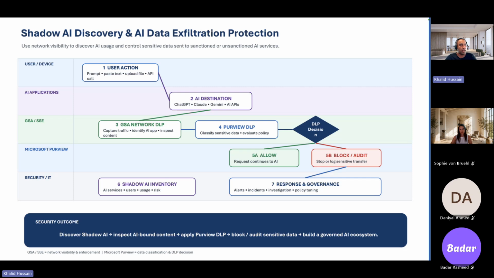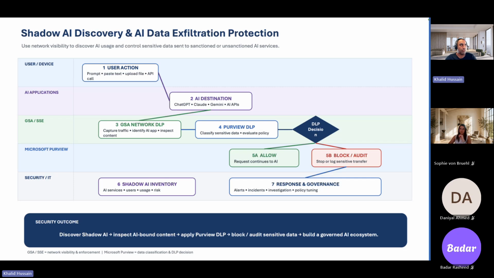There the GSA client network traffic capturing works and identifies how this traffic is handled. Then Purview combines with that and says whether it is allowed, blocked or audited, and then logs, alerts, incidents, investigation or the backend monitoring system will work, and you will get clear data on who is doing what inside your environment.